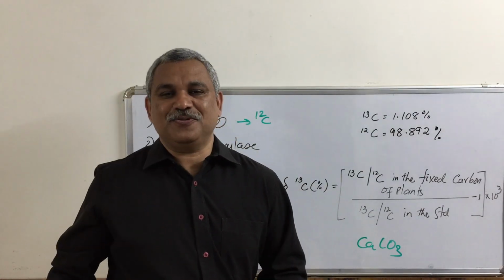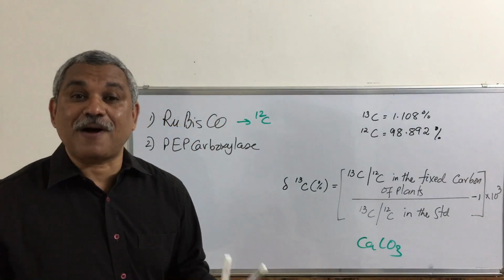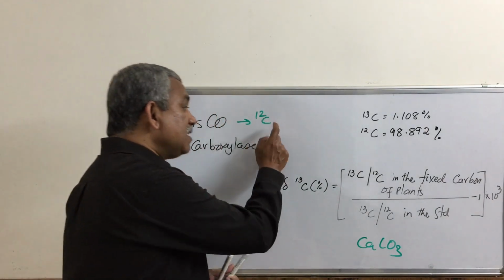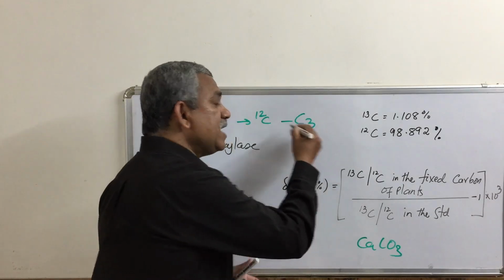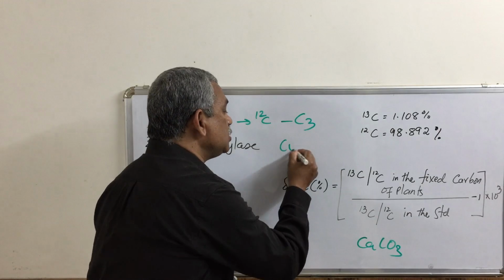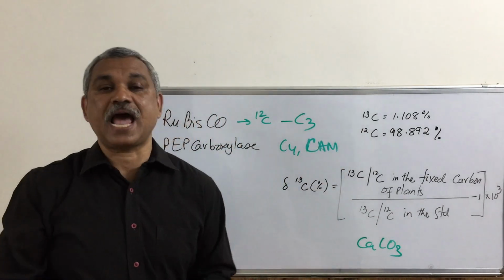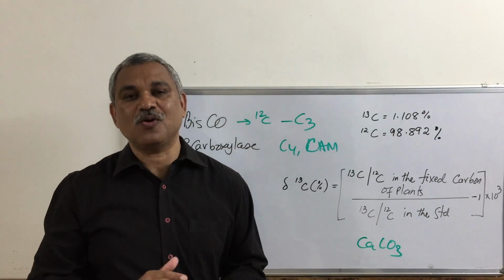Generally, calcium carbonate is used as the standard. Based on the value, we will be able to say which pathway has been active, whether the C3 pathway or PEP carboxylase used by C4 and CAM pathways.